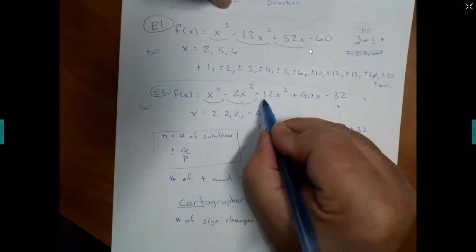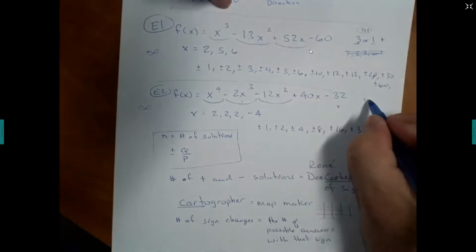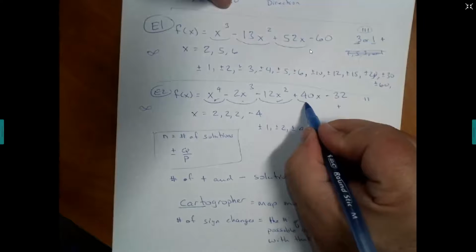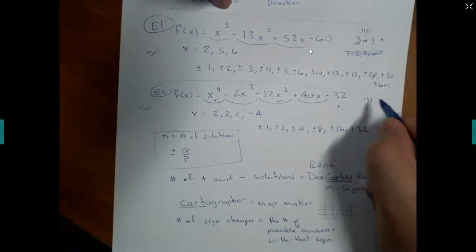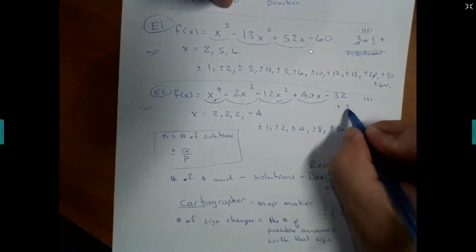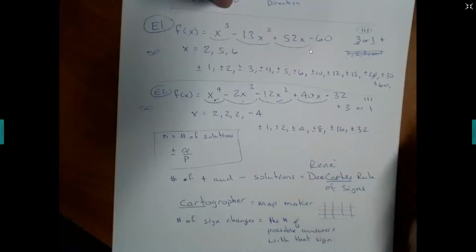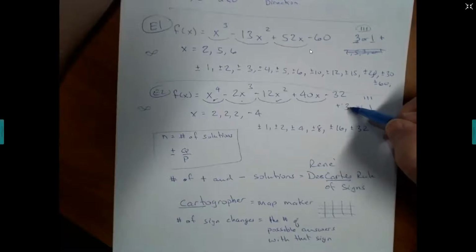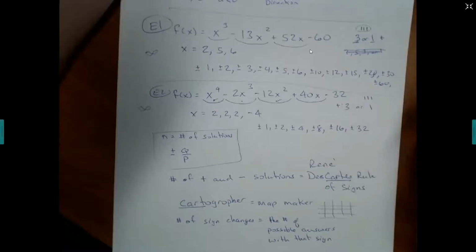No. From negative to positive, that's another sign change. From positive to negative, that's another sign change. So the number of positive answers can be 3 or 1.